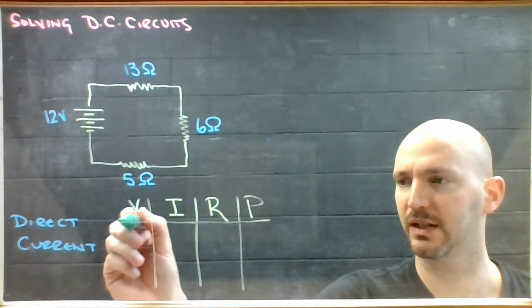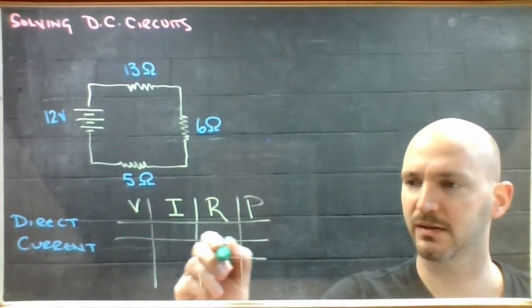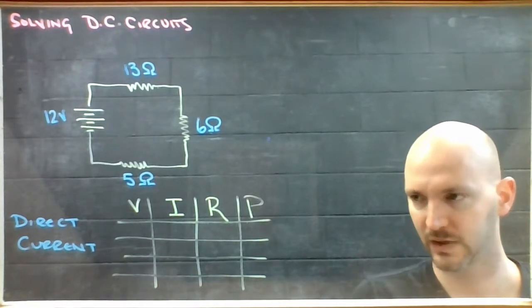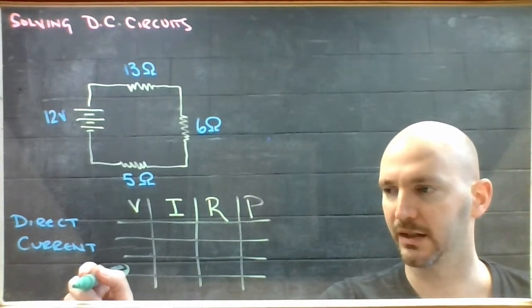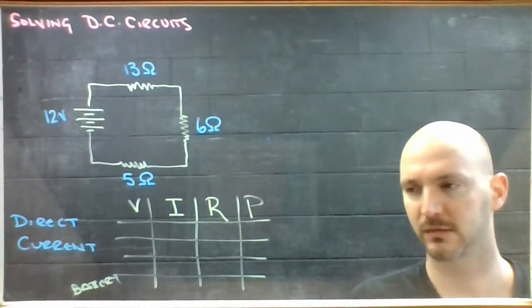And in this particular circuit, there are 3 resistors and a battery. So I'm going to put the battery here, down at the bottom.